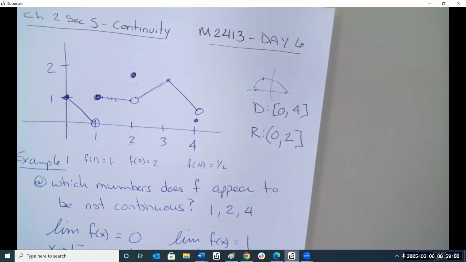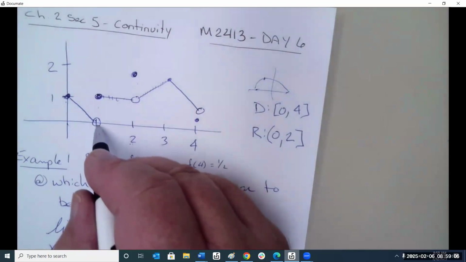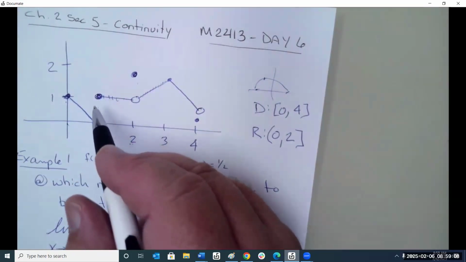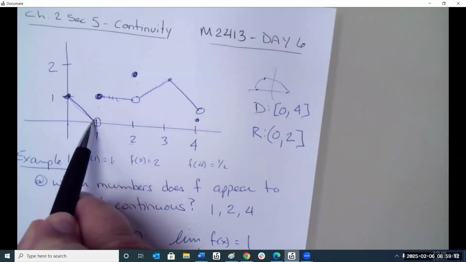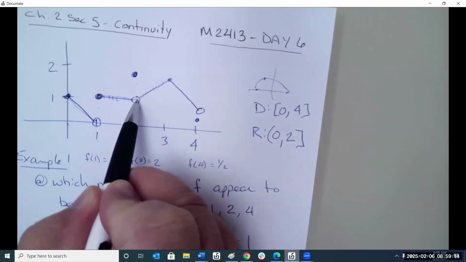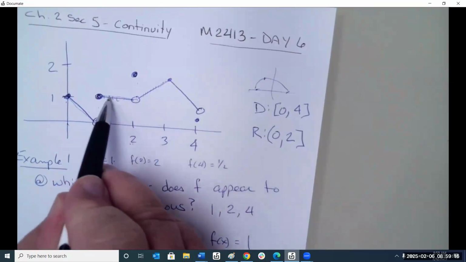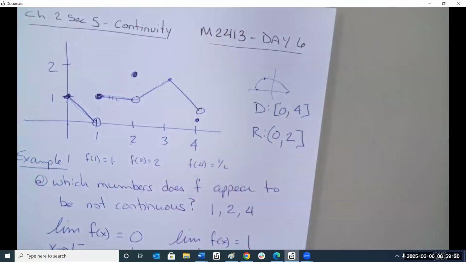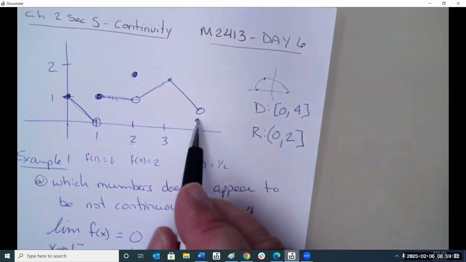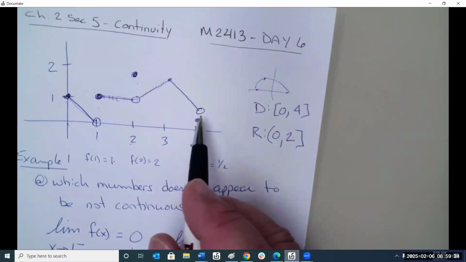This is called a removable discontinuity. It's different from a jump discontinuity, because with a jump discontinuity, as I draw my graph, it's going down, down, down, and all of a sudden it goes up over here. So that's the difference. What happens at 4? Is it a jump or a removable discontinuity?